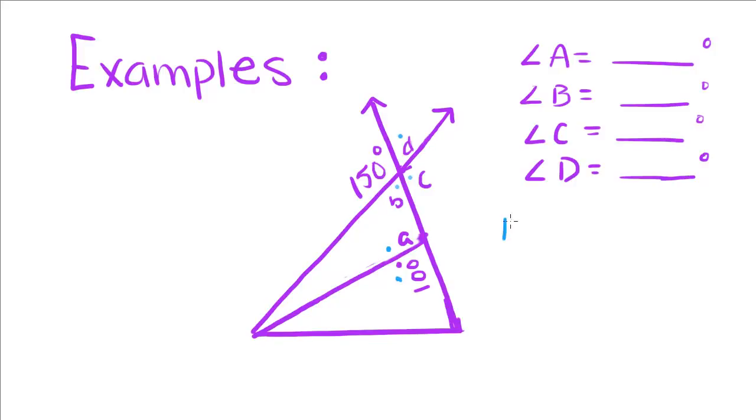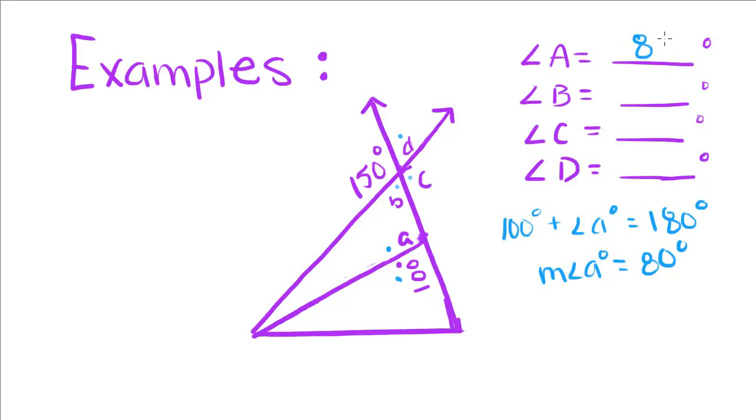So we can add 100 degrees plus the measure of angle A and set it equal to 180 degrees and find that the measure of angle A is 80 degrees if we subtract 100 from 180. So right here we can put 80 degrees.